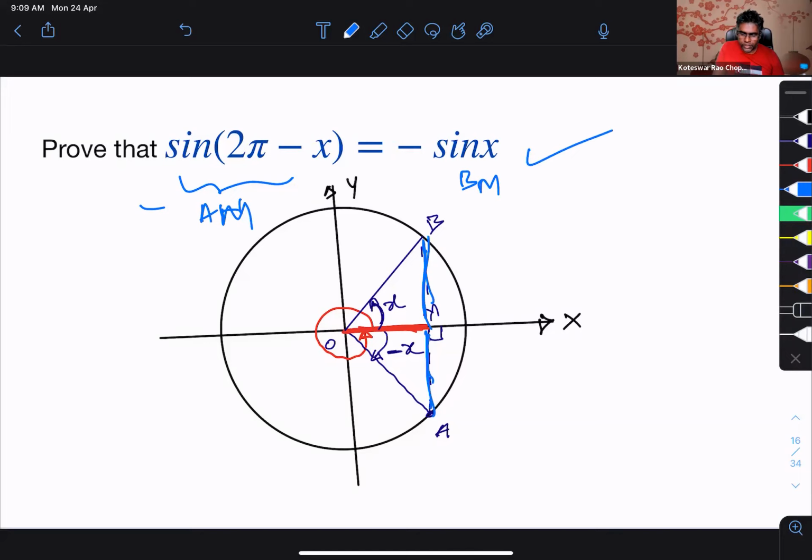The other one is, if you add 2 pi to any input, the sine output will not change. So this is as good as sine of minus x. And then when you do sine of minus x, the minus sign goes up. So minus sine x. That is also acceptable.